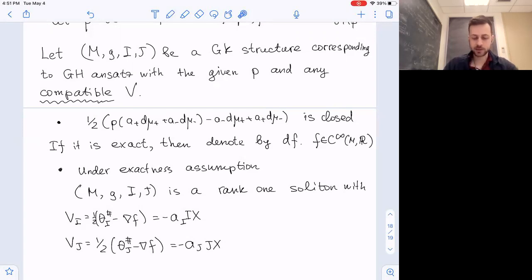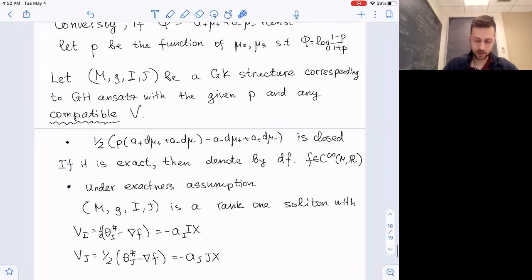So it's almost like a soliton, but for the soliton, from this point of view of equations, we have a somewhat arbitrary requirement that the corresponding vector field is truly gradient and not just locally gradient. So if you want to impose that, you have this exactness assumption.